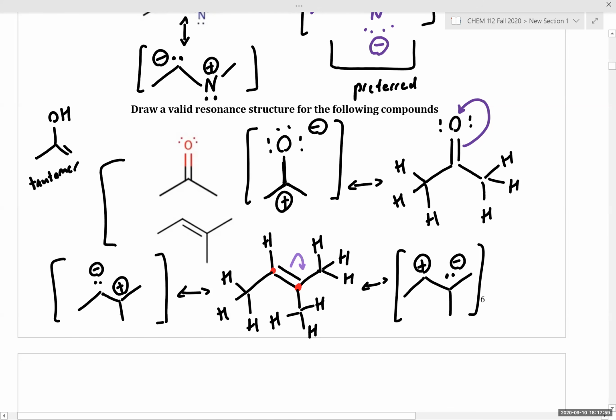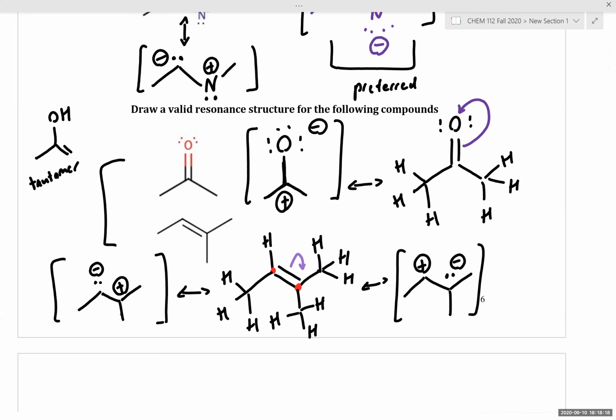And that's just because, as a side note, generally we like to put positive charges on the atom with more carbons. But for right now, if you're just drawing these resonance structures, both of these structures would receive full points on the first set of quizzes and on the first exam.